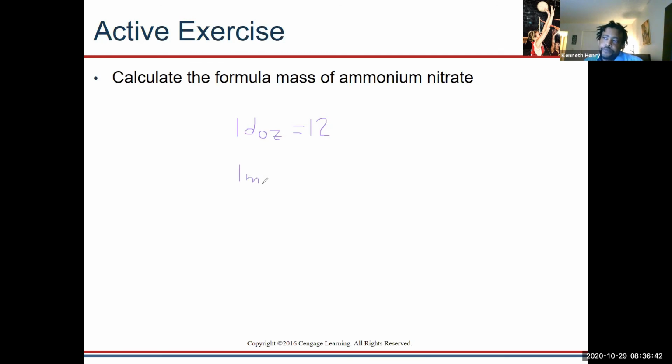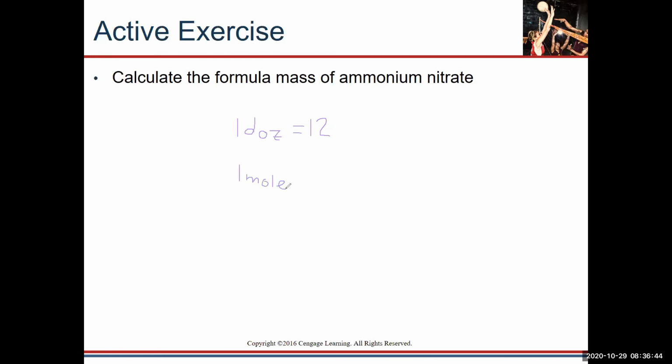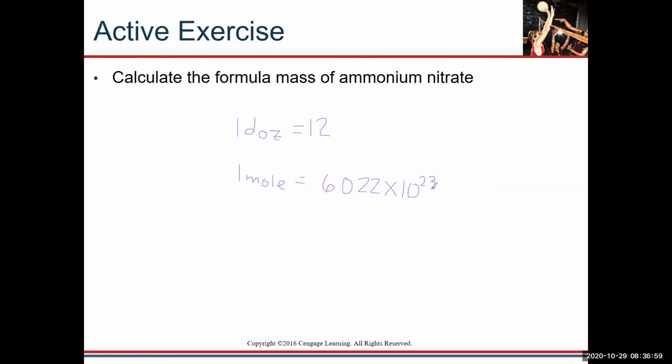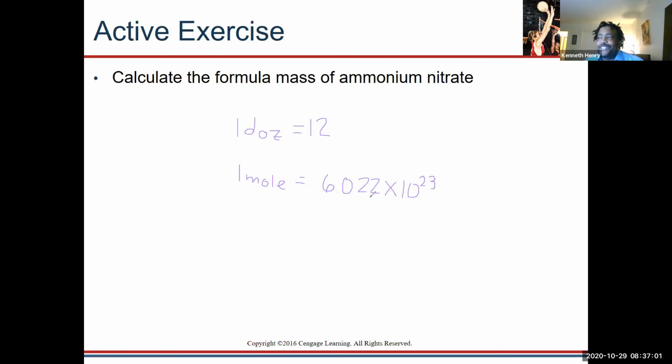So 1 mole is equal to 6.022 times 10 to the 23rd. Sorry, I said 0.022 at first. Do as I write, not as I say.